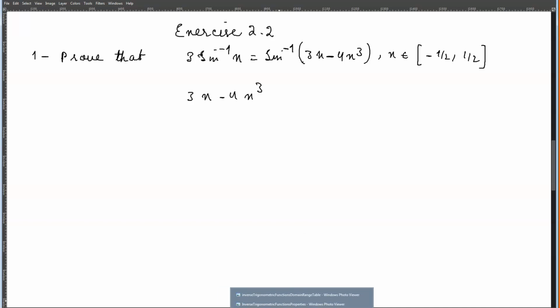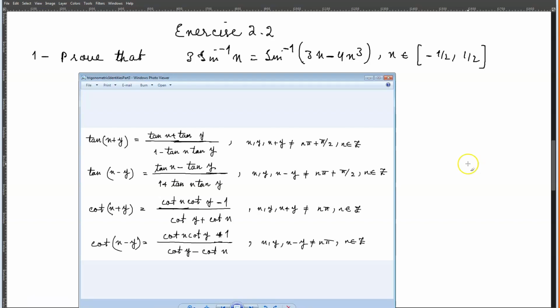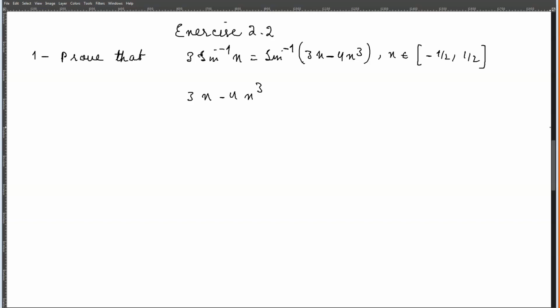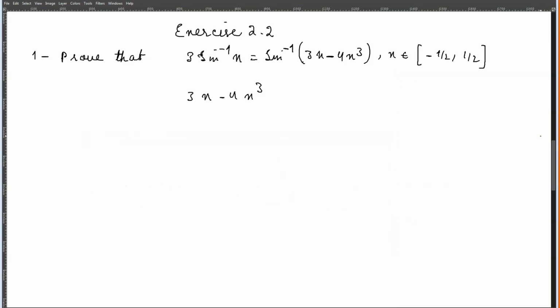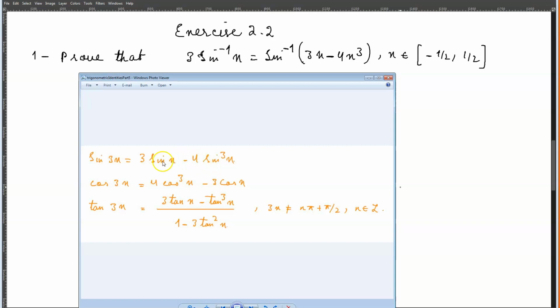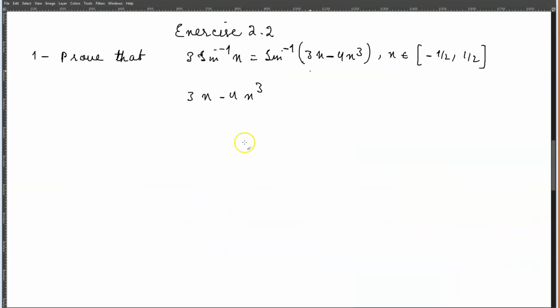That was basically part 3, I think. No. Part 4. No. Part 5. You see over here, sine of 3x is equal to 3 times sine x minus 4 times sine cube x, right?